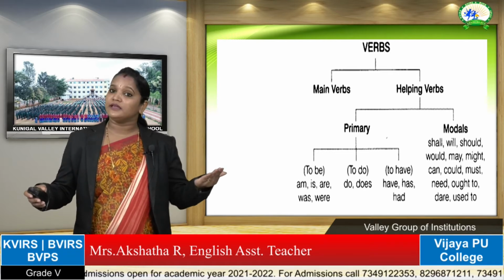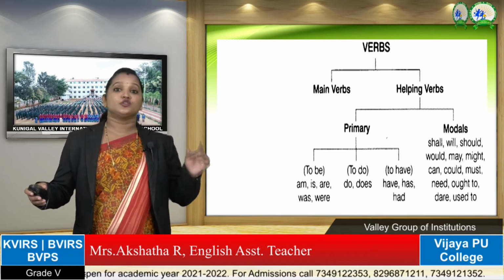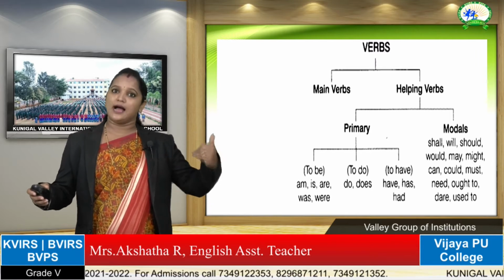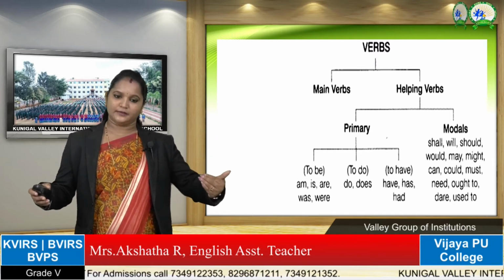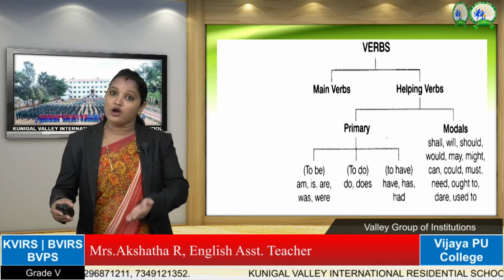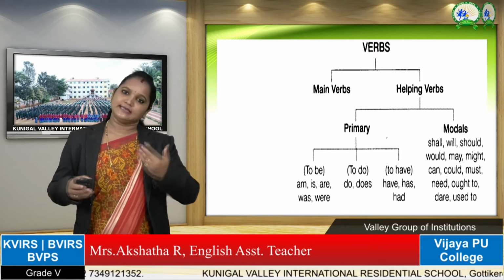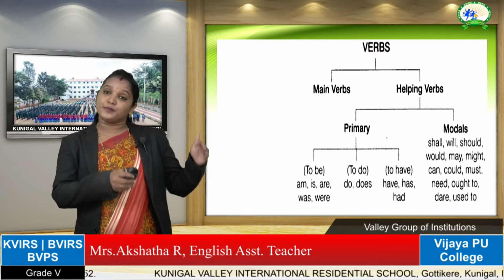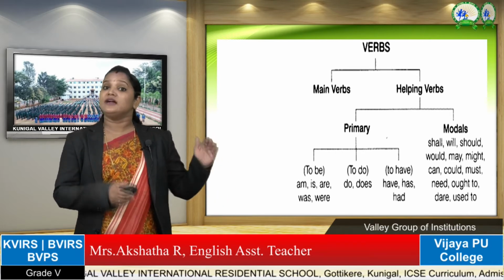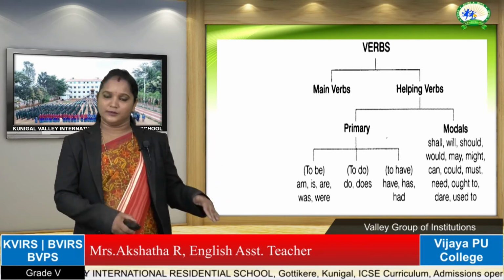What are primary? They are nothing but the be form of the verbs, that is am, is, was, are and were. The do form, that is do, does and did. Have form, it is have, has and had. They come under the primary helping verbs.